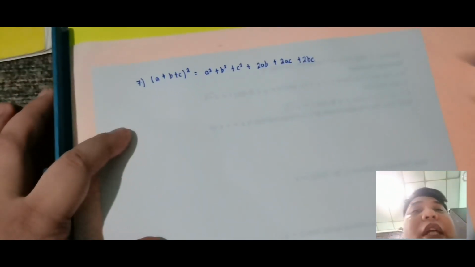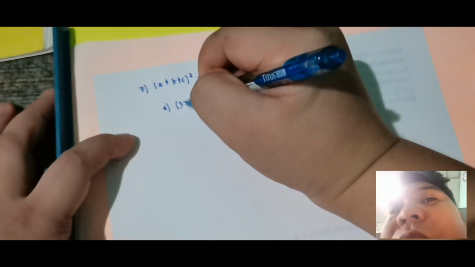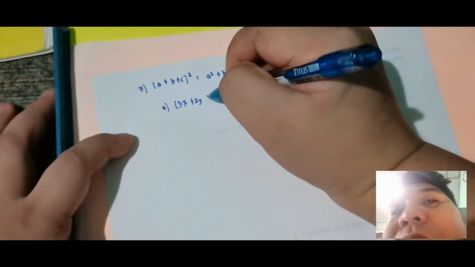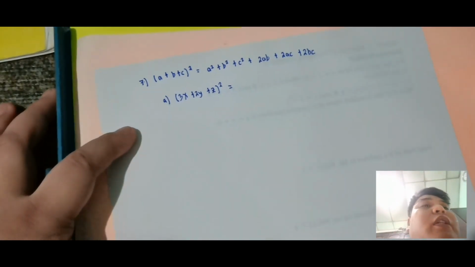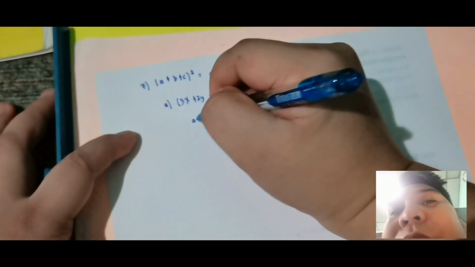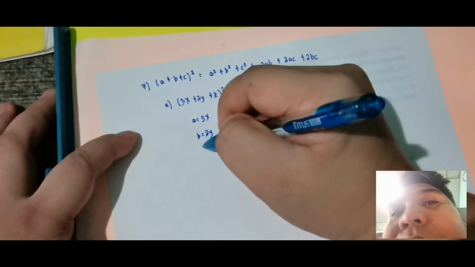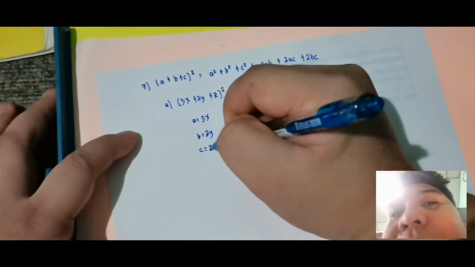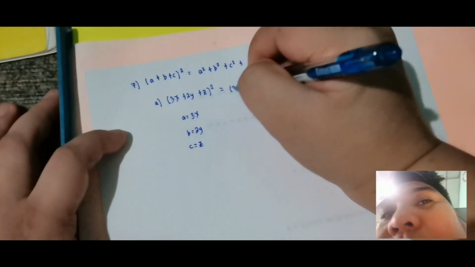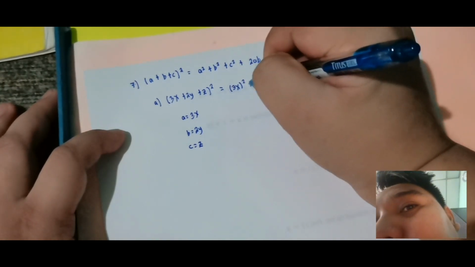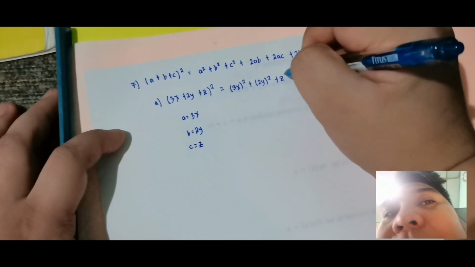Okay, so example na tayo agad para mabilis. So let's have example, let's have (3x plus 2y plus z) raised sa 2. Okay, so for convenient, lagay ko na lang din yung A. A is 3x, B is 2y, then C is z. Okay, so sabi ng formula, square ko muna lahat. So that is (3x) raised sa 2 plus (2y) raised sa 2 plus z raised sa 2.